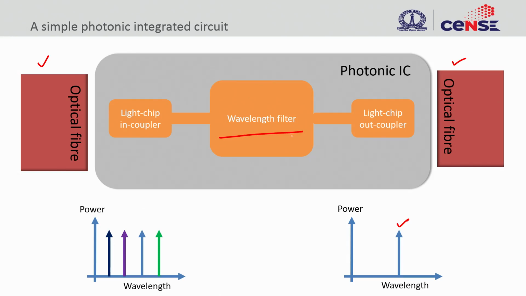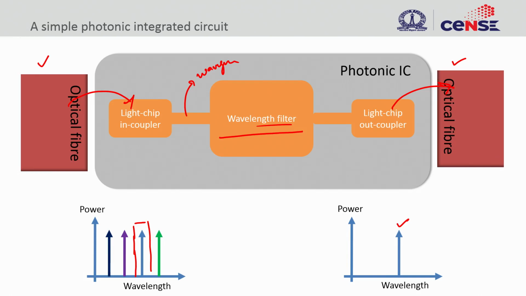So we want to filter out only this particular wavelength, and in order to get the light in, we need optical couplers. So a light chip-in coupler and then a light chip-out coupler to take the light out. The couplers should be connected through waveguides, and then you need some waveguide-based wavelength filter to do this spectral filtering. So this is how you build a very simple block diagram.